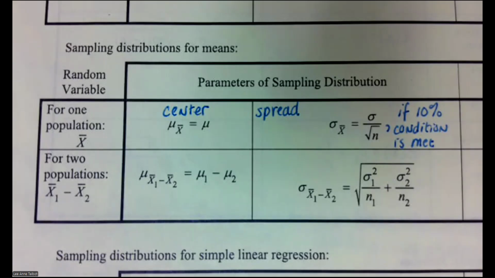Well, is there a p to plug in when you're working with means? No, you don't have a percentage to plug in, so there's got to be something else for shape, and that's what the central limit theorem is for tomorrow. It's just me running back and forth between the desks showing you the applet again and again. It's not fancy.